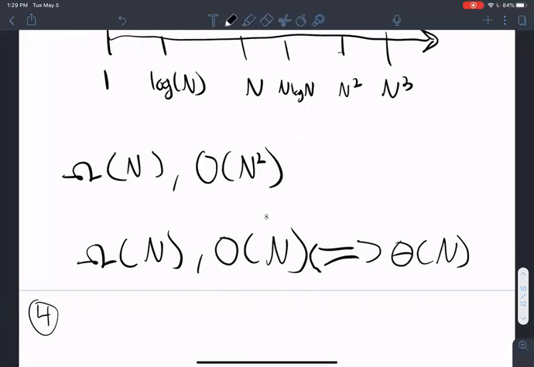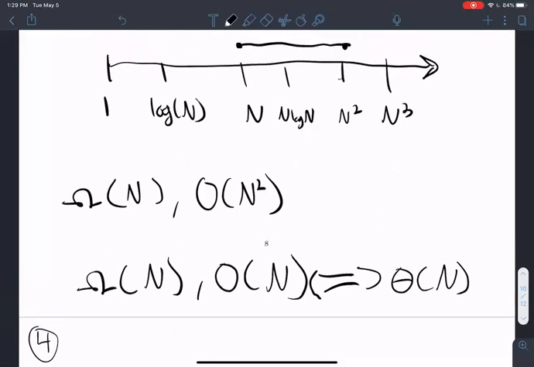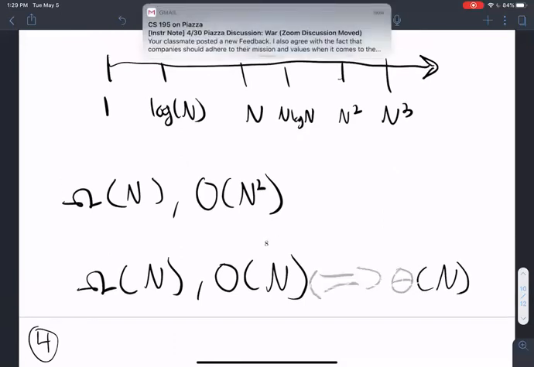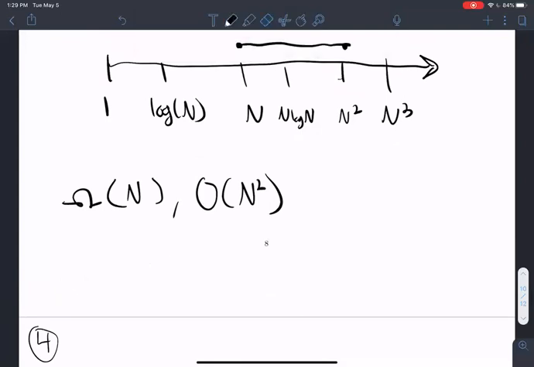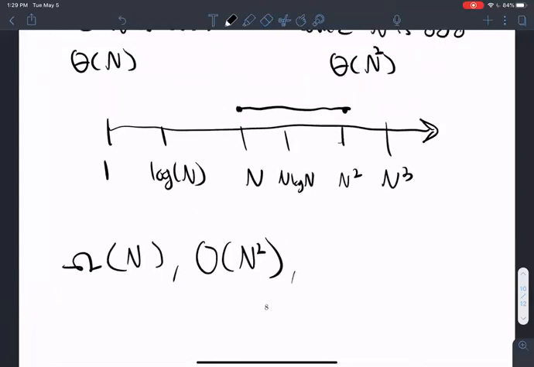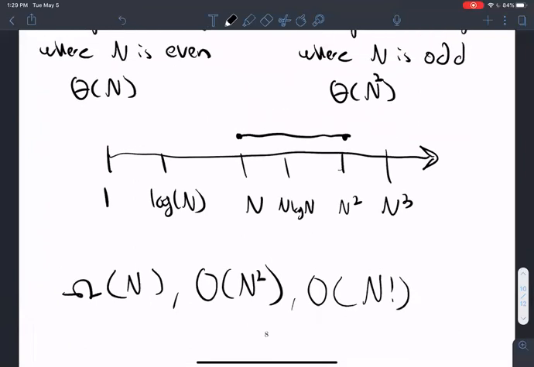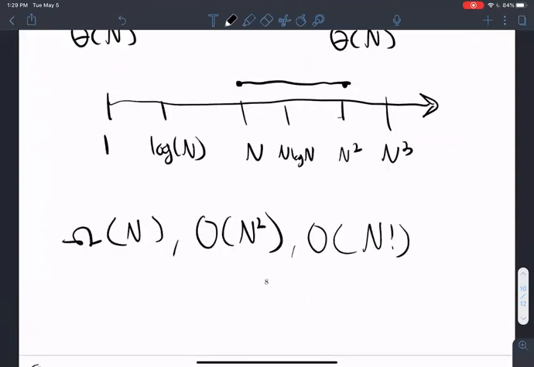Okay, and these are what we call tight O bounds. We could also say that this function is O of n factorial. That would be completely true, but it's not a tight O bound. It doesn't give as much information as O of n squared. So when we ask for tight bounds, we don't want stuff like that.